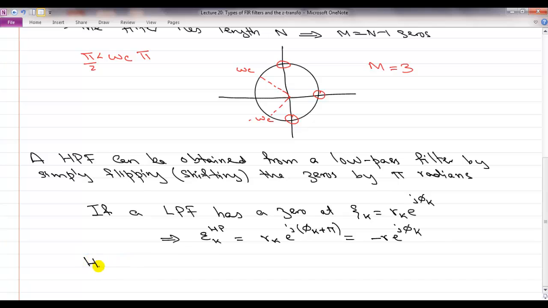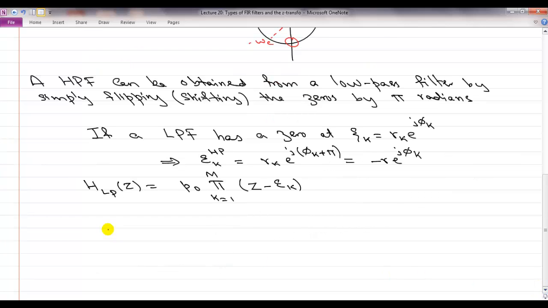So if your low pass z transform is given by this expression, the product over k equal to 1 to m, you have m zeros, z minus zeta k, which means that your zeros are at zeta k. Then you can construct a high pass filter by simply replacing z by minus z, because your high pass filter is simply a shifting of the zeros by pi radians, which is just changing the sign of your zero, or which is effectively saying you replace z by minus z.